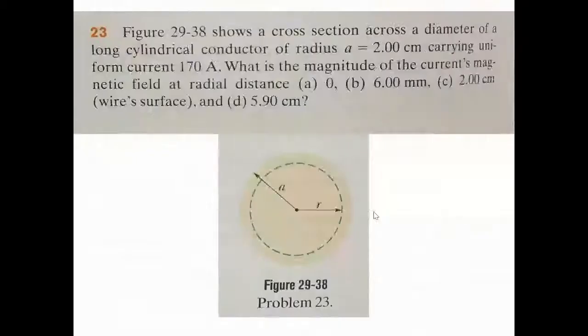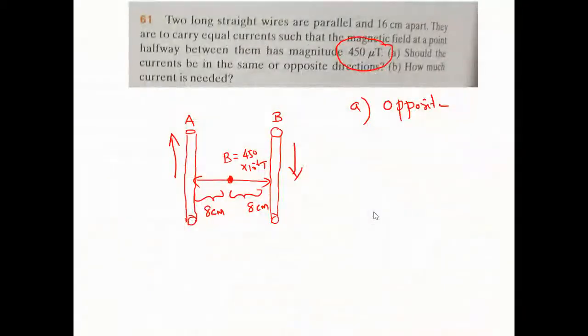So better we write the formula here. For the second part of the question, I'm going to write the formula for the long straight wire. What's the formula? Mu naught I divided by 2 pi r. Am I right? How many wires do you have, my dear?